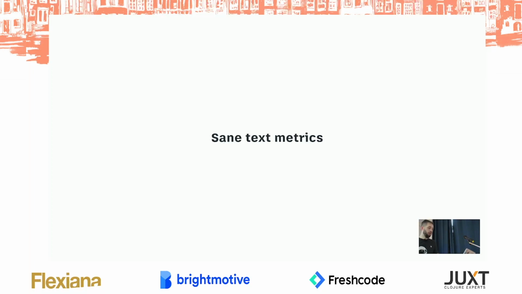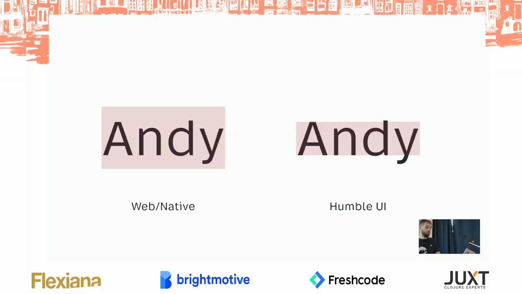Third feature of Humble UI is text metrics. This also we're doing very differently than almost everybody is doing right now. On the web, on native, on basically everywhere, like in graphics editors, Figma, Sketch, Photoshop, when you draw a string of text, it will have boundaries like a rectangle, and there is extra space on top and extra space on bottom around it.